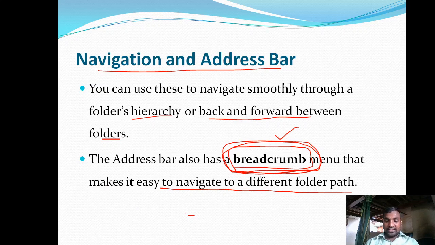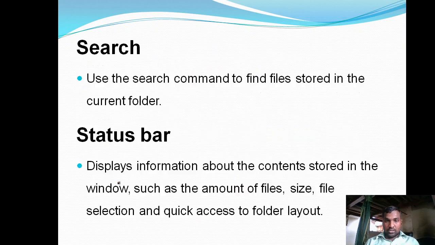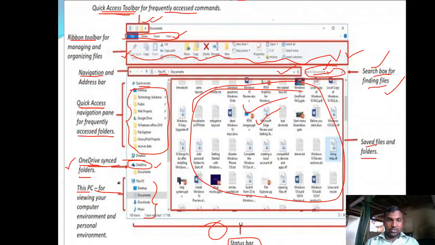That can be viewed with the help of an image. So this is the image, and here is the breadcrumb menu. You can view all the files and folders available in this PC by clicking on this drop down button.